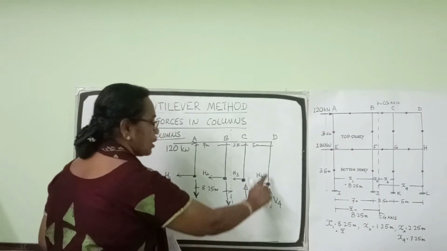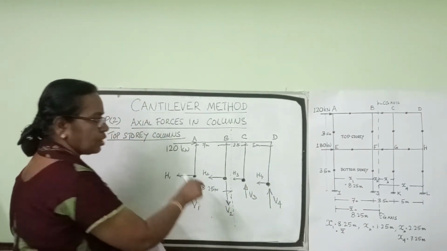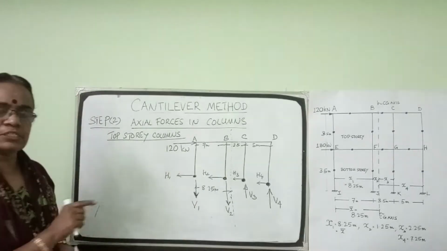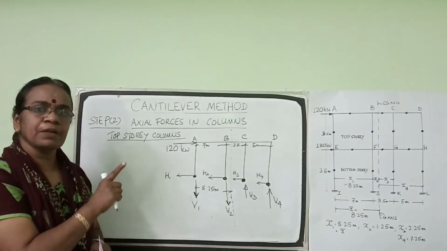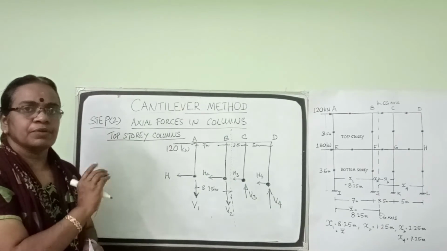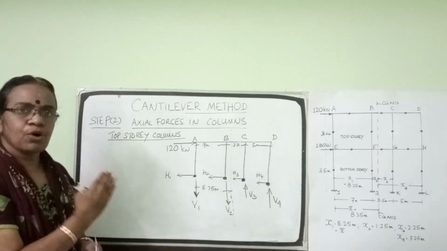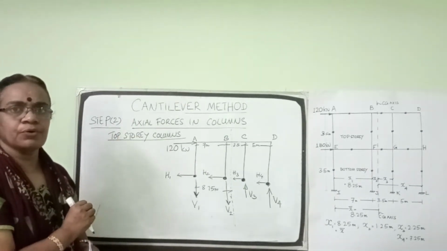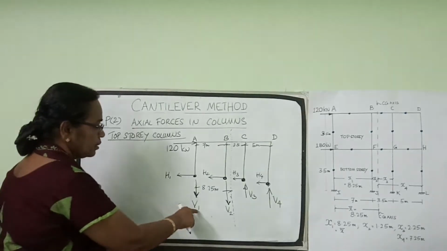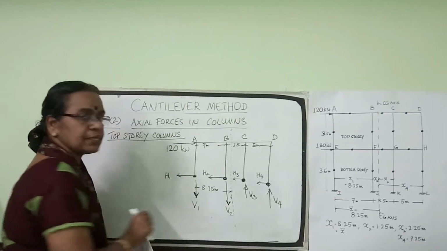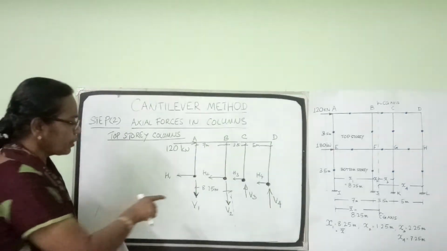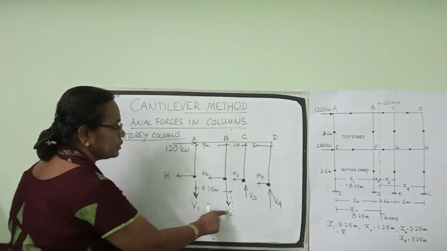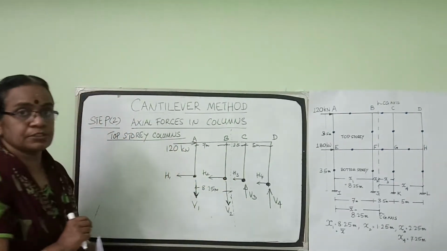So V3 and V4 are marked upwards, and V1 and V2 are marked downwards. We got this in the previous example also. In a cantilever action, the columns on the side from which the load is acting, the windward side, will be in axial tension, and the other two will be in axial compression. Now our aim is to determine the values V1, V2, V3, V4. That is the first step.